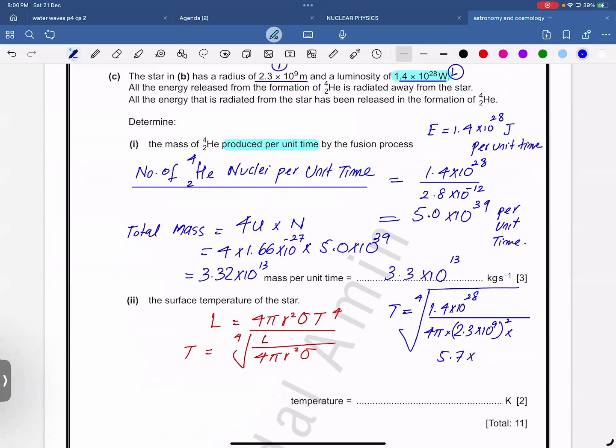Sigma, 5.7 into 10 power how much? Negative 8. Take the fourth root, my dear students. 7,800 kelvins.